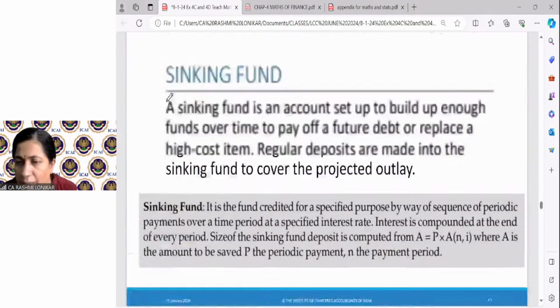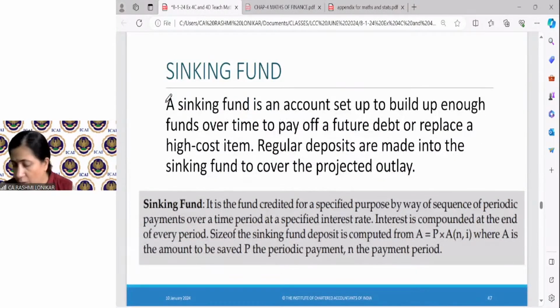Now let us go to the applications. Yes. What is a sinking fund? A sinking fund is an account set up to build up enough funds over a period of time to pay off a future debt or to replace a high cost item.